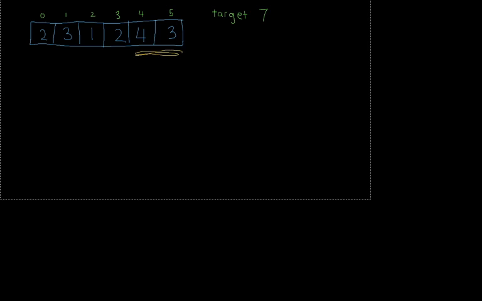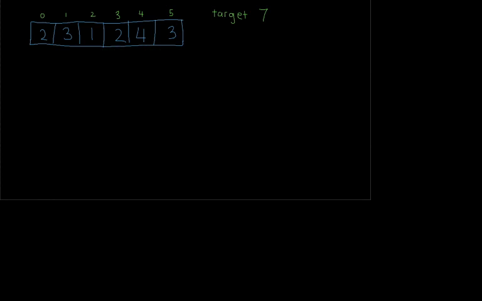Because it equals the target. It's obviously possible that you could have this problem where maybe the 3 numbers will also give you 7. I mean, not in this case, because that gives you 6. But suppose that gave you 7, and this also gave you 7, you will want to pick this one, because you want the minimum size subarray.